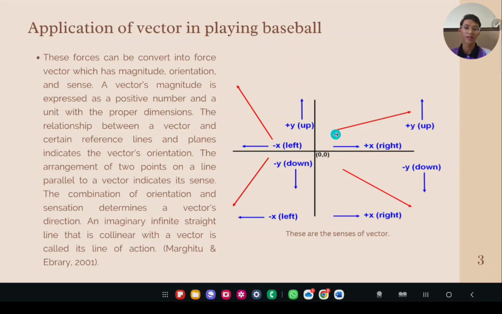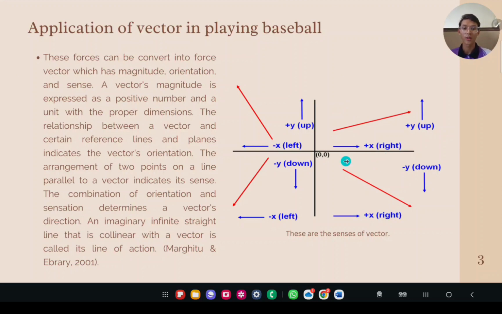So if the force goes right, which means its x component goes to the right, it means the force is positive.